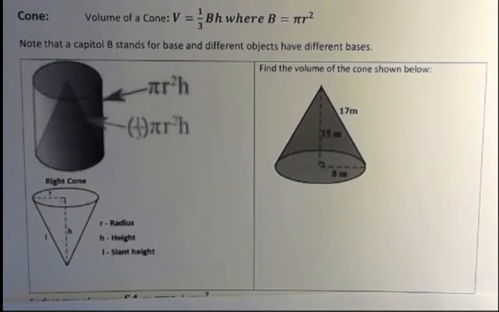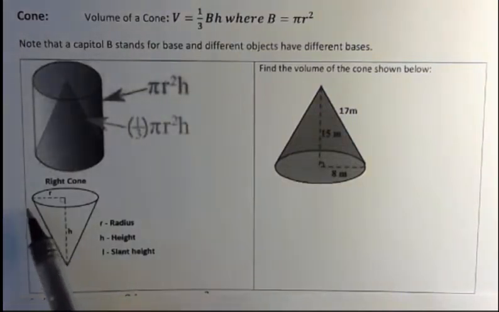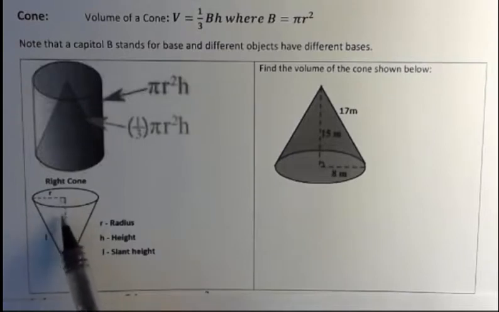We're going to start talking about something called slant height. Slant height is the length of the side of the cone. The height goes from the tip down to the center of the circle in the base, but the slant height is this edge over here.